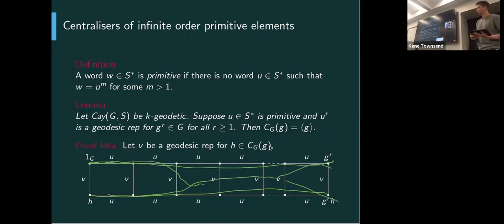If they join together, they can bubble apart, but they can only do this a finite number of times. And there's a bit of combinatorics on words, and the only solutions that you find are if this V is some power of U.